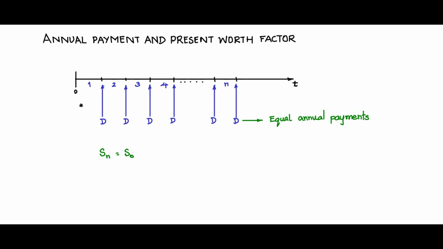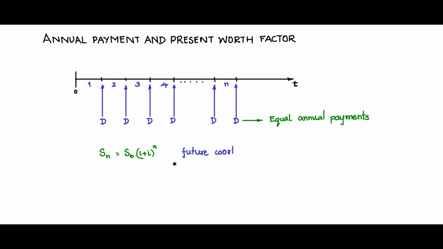Now Sn, we know this equation. We will use the compound interest formula. Sn, that is the value of the money after the nth year, is S0 into (1 plus i) to the power of n, where i is the rate of interest.